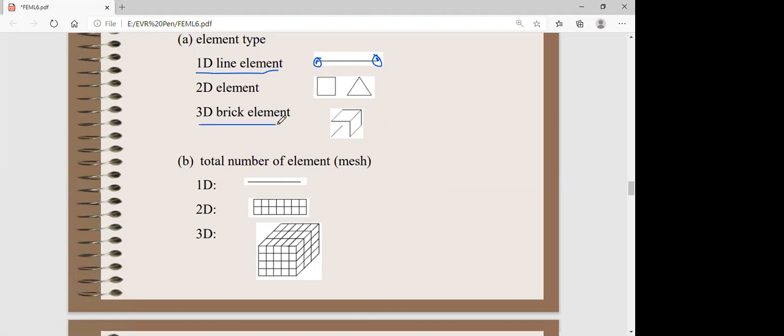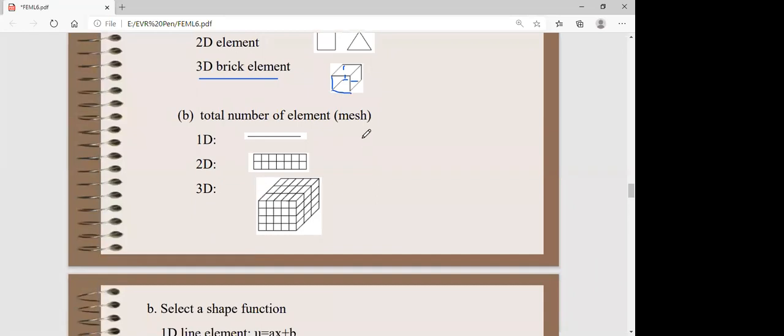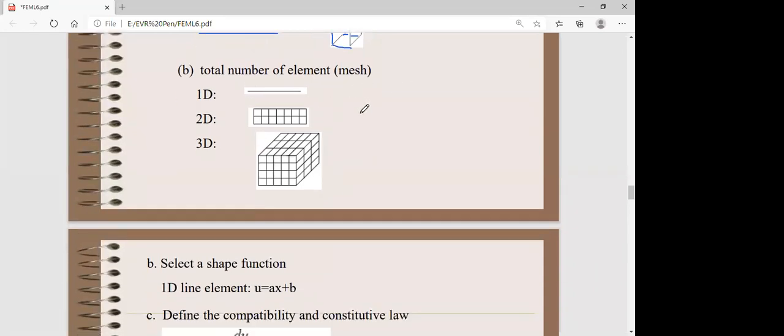A 3D brick element is a solid element, and it has 8 nodes. Together, all elements in the system are called the mesh.